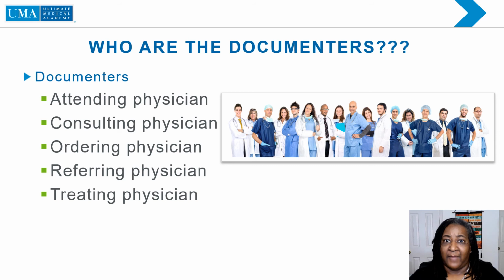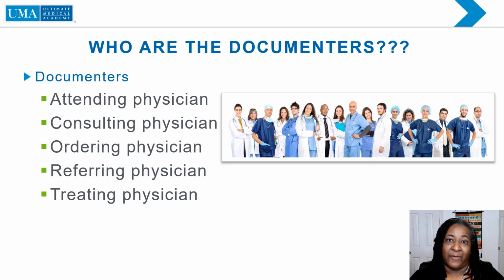And a family practice doctor may need to consult with a specialist, let's say a cardiologist, so the doctor is having a consult with another physician, and then that patient may be referred to the cardiologist. Then we have the ordering physician, the doctor who orders any labs, x-rays, medications, treatment. Now the attending physician may also be the ordering physician, and a consulting physician may also be an ordering physician.